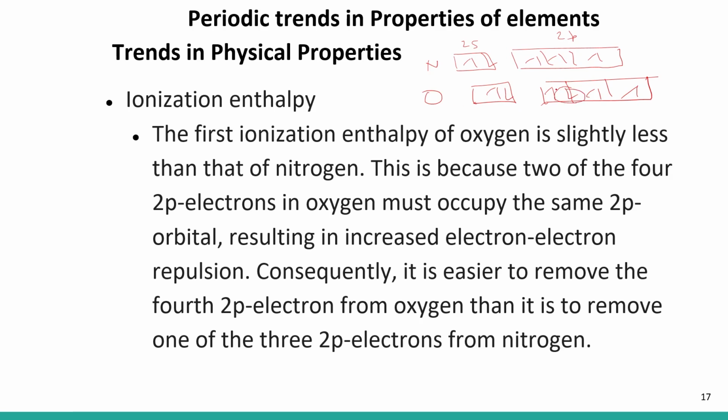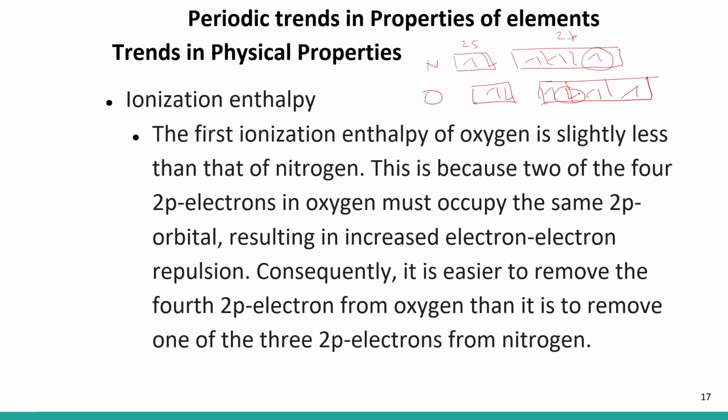Why? Because there are 2 electrons in one orbital and there is an increased repulsion between the electrons. Whereas while removing an electron from nitrogen, this is a singly occupied orbital and it is easier to remove this electron from this orbital as compared to this one, which has 2 electrons in it.